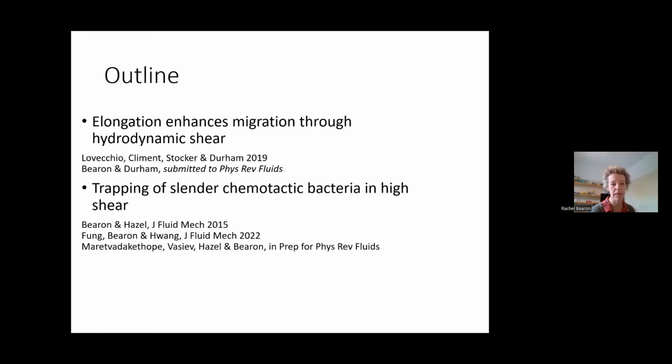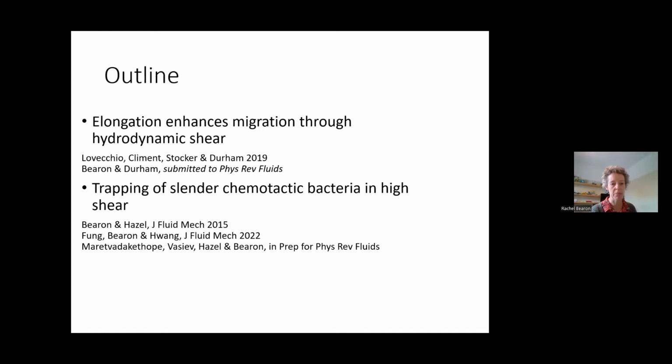It was motivated by some fairly recent work looking at turbulent simulations, and this is work with Mac Durham from the University of Sheffield, and we're just in the final stages of getting that work revised for Phys Fluids.